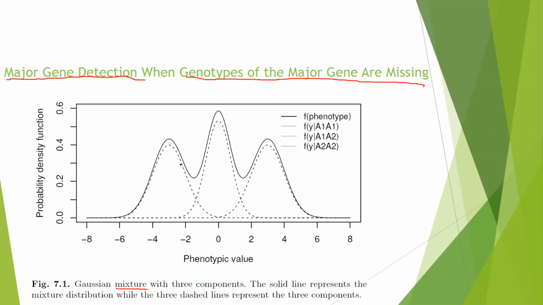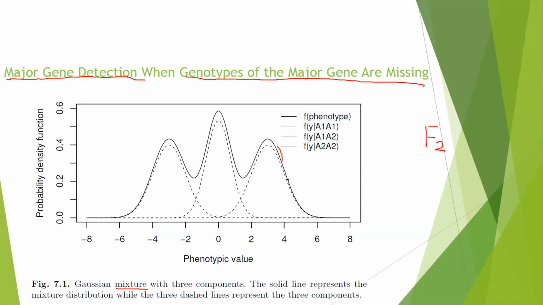We can treat this problem as a mixture model problem. If you look at the phenotypic distribution, here we still talk about the F2 population. If you just look at the distribution of the phenotype for the whole F2 population, it will look like this, the solid curve.